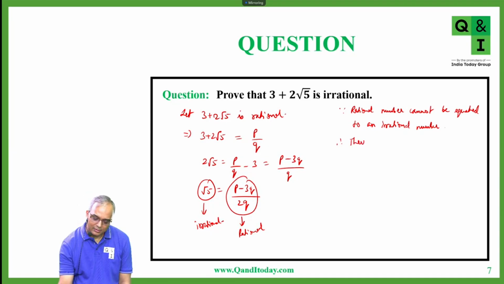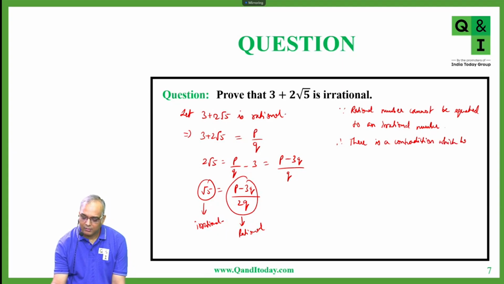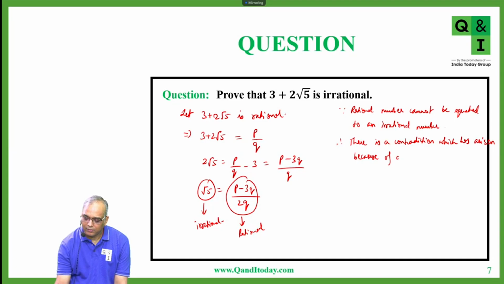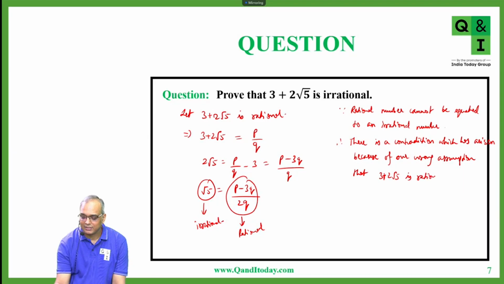Hence, there is a contradiction which has arisen because of our wrong assumption that 3 plus 2 root 5 is rational.